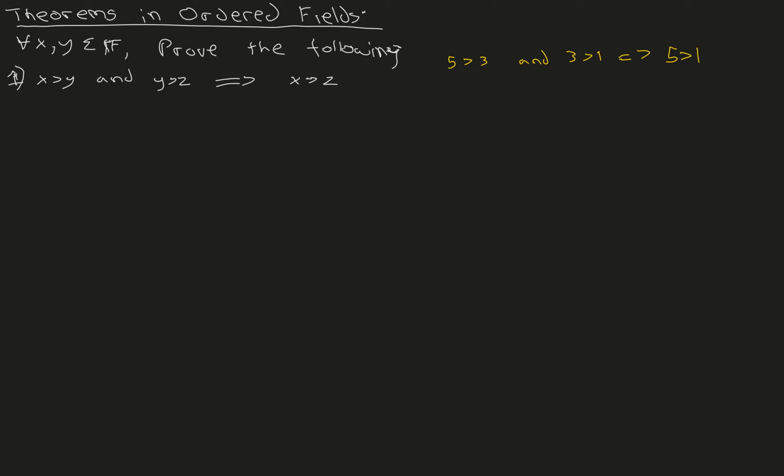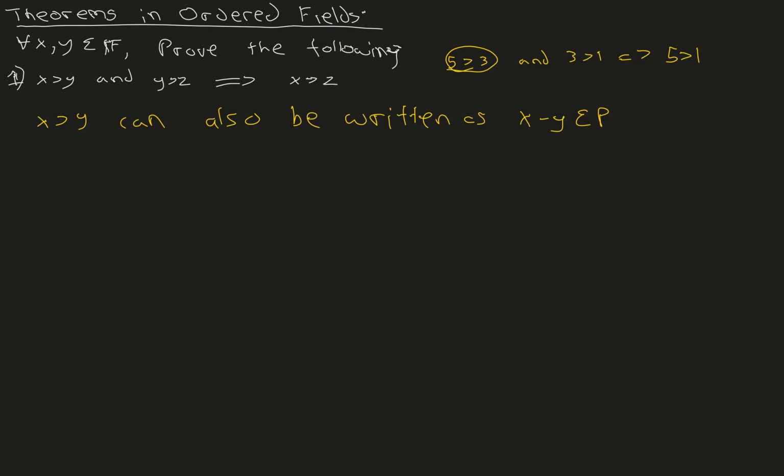So before we prove this, I want you guys to know x greater than y can also be written as x minus y is in P. Because, for example, take 5 is greater than 3.